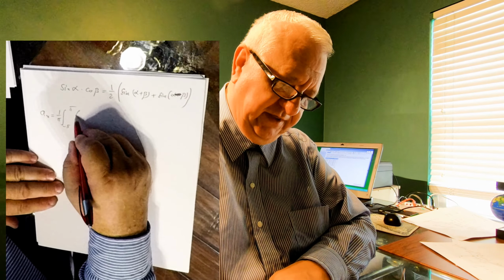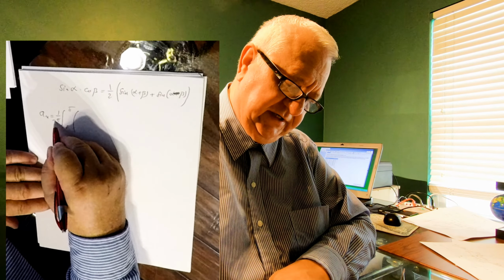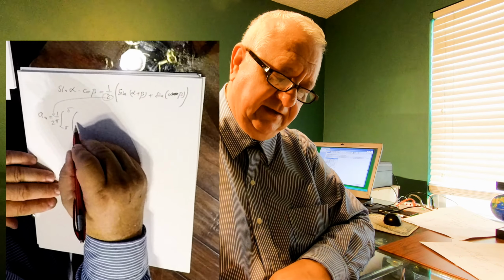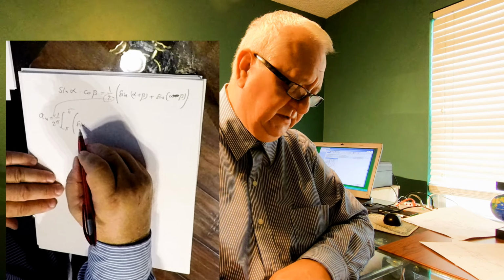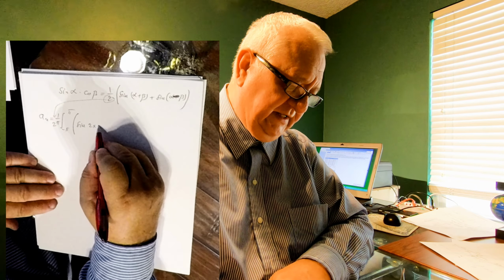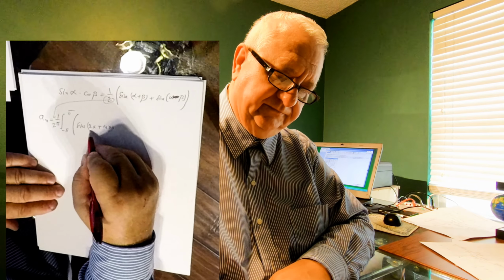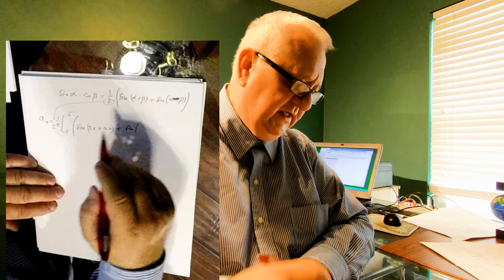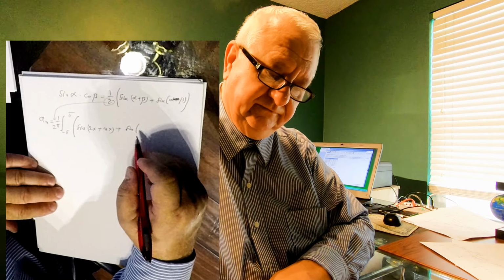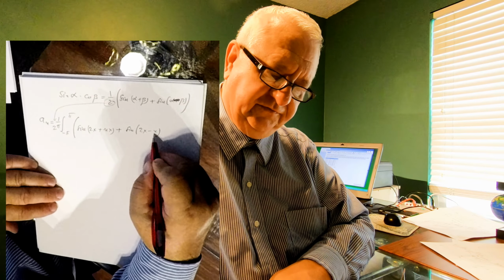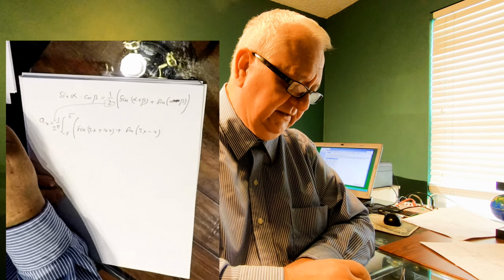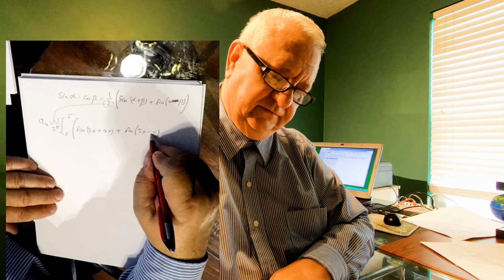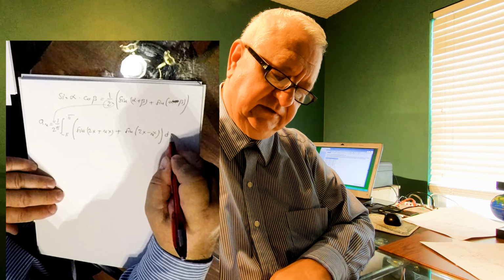So I'm going to have parentheses 1/2, which I can pull outside since it's a constant, sine of the sum of the arguments, 2x plus nx, plus sine of the difference of the arguments, 2x minus nx, because in this case 2x is alpha and nx is beta, close parenthesis, dx.